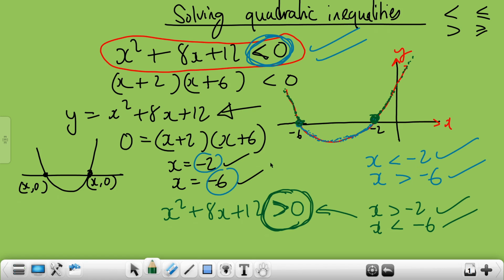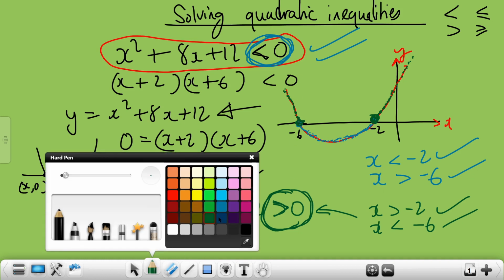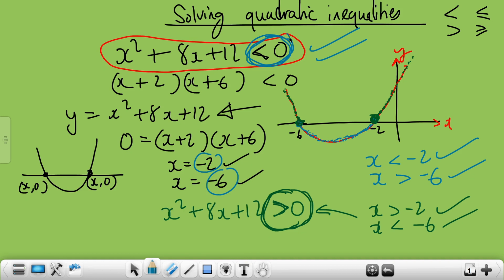So remember, for this scenario where y is less than 0, all these coordinates here have a y value less than 0, and its corresponding x values are less than -2 but bigger than -6. It's what I've got over here.